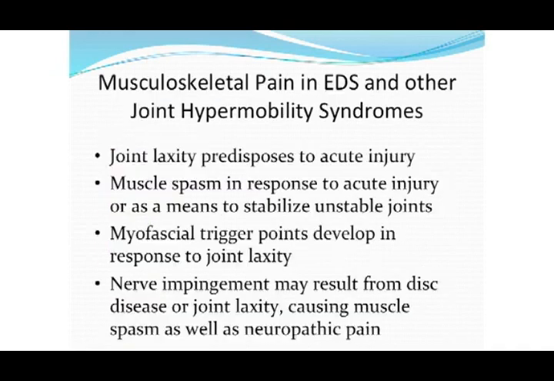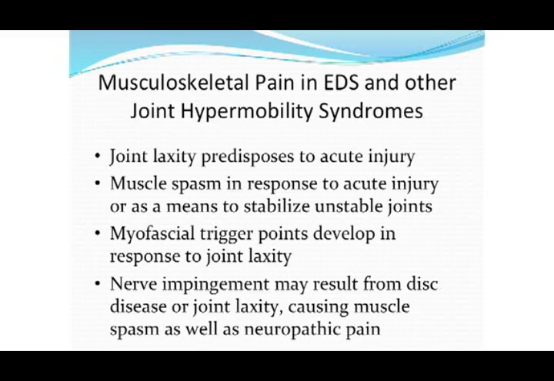Now, some of the causes of musculoskeletal pain in hypermobility are related to the joint laxity. The joint laxity predisposes to acute injury. People are more disposed to sprains. Because the tendons and ligaments are not holding the joints together properly, the muscles step in to try to do that job. And so you have muscle spasm that results as a way of literally trying to hold the body together.